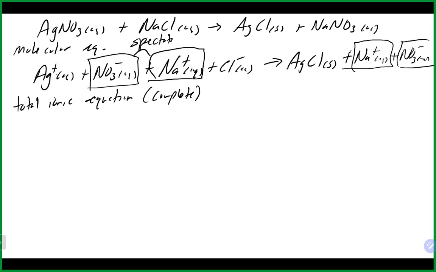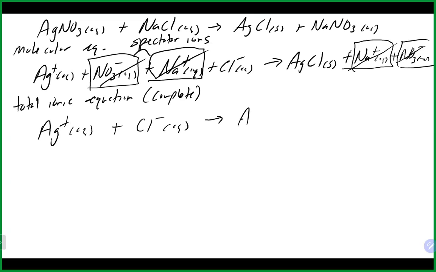They are just watching. And that means that we can cancel these guys out, leaving us the third type of reaction that we talked about, which is our silver plus our chloride is coming together to make silver chloride. And this is known as the net ionic equation. And that's the equation that basically tells us exactly what's happening in this reaction.